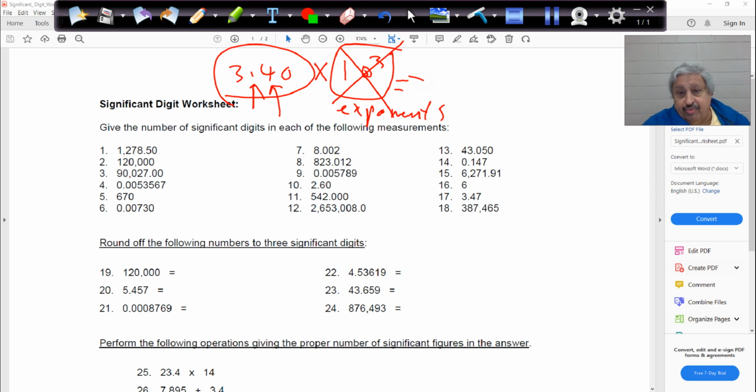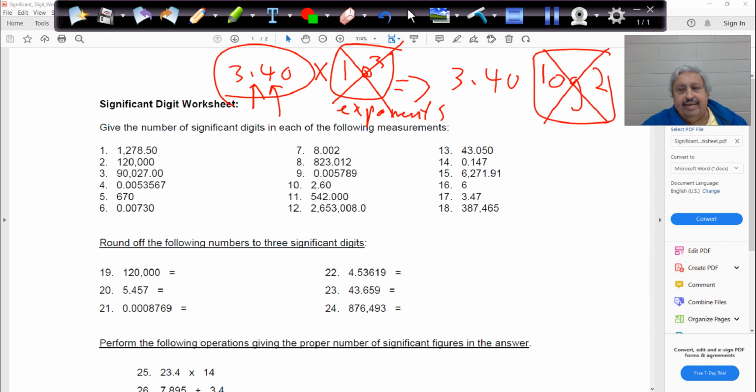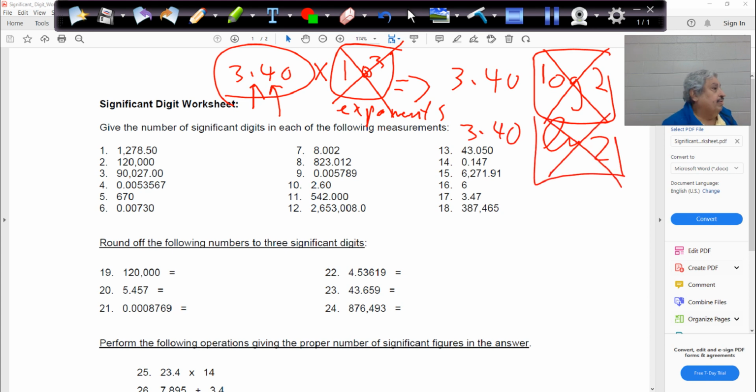The same thing with another example, 3.40 log of 2. Well, same thing here. Log or ln or ln 2, 3.4, those are not part of the sigfigs. Only those numbers with the decimal inside them or without decimal. But log, ln, power exponent, they are not part of the sigfigs.